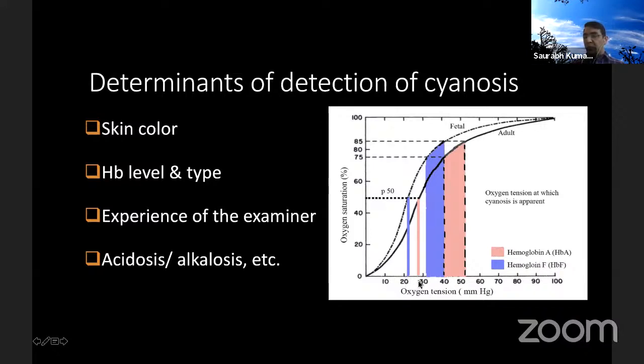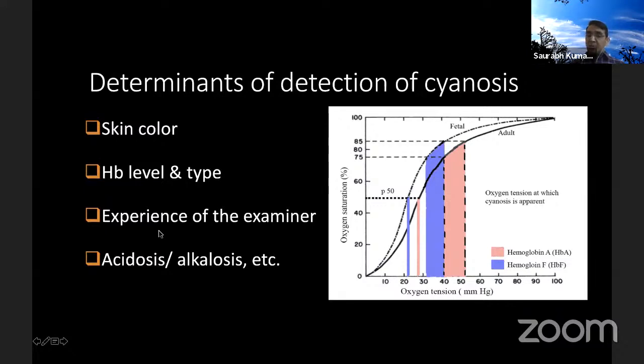And because of the characteristics of the P50 and the oxygen dissociation curve, this patient will behave quite differently from a grown-up patient who has predominantly hemoglobin A. These oxygen dissociation curves are different, and this will reflect on how easily or how difficult it will be to detect cyanosis in these patients for a similar degree of desaturation.